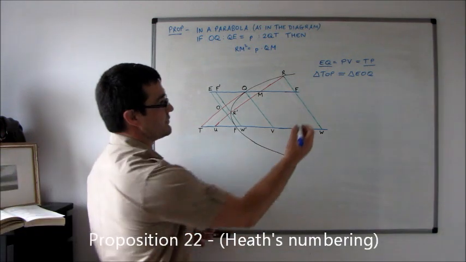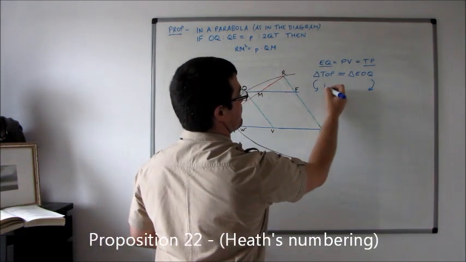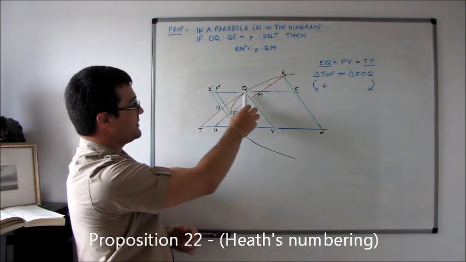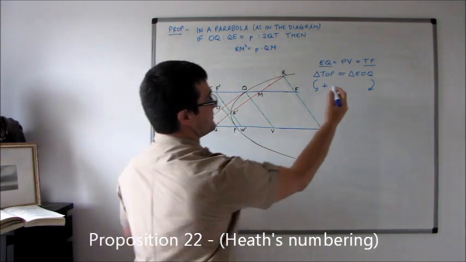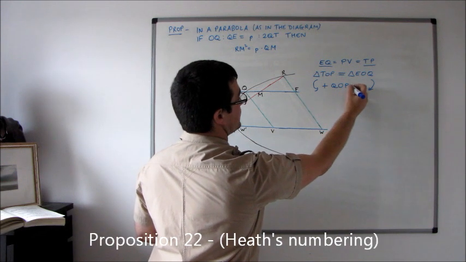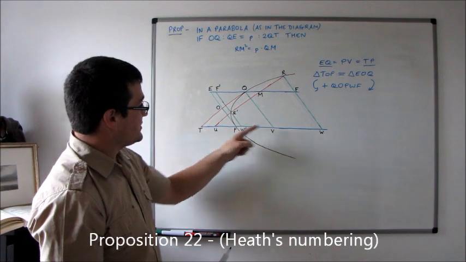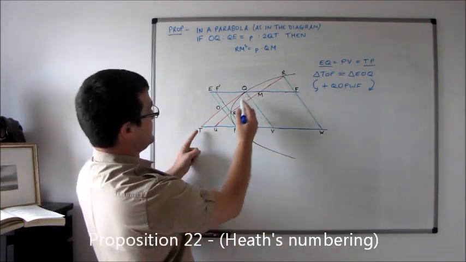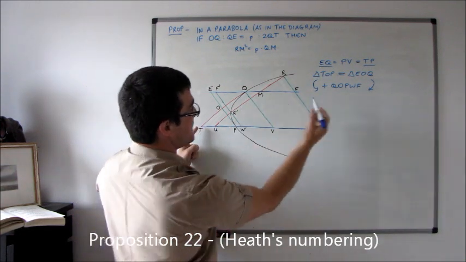And what we're going to do now is add to both of these the area of this shape QOPWF. So adding QOPWF to TOP is going to give me this shape in here, QTWF.